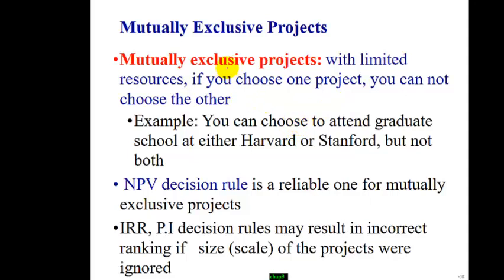In mutually exclusive projects, the IRR and PI decision rules may have a problem, namely when the scale of the projects is different from each other. For example, a project of $100 versus a project of $1 million. Even if IRR and PI are very high in a small project, that does not necessarily guarantee the total money is greater.